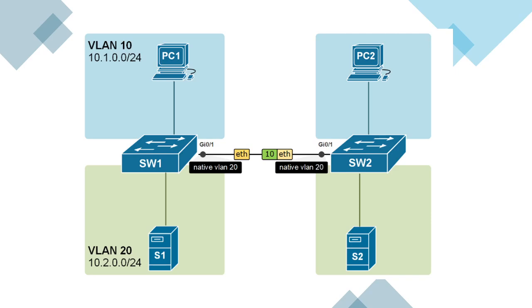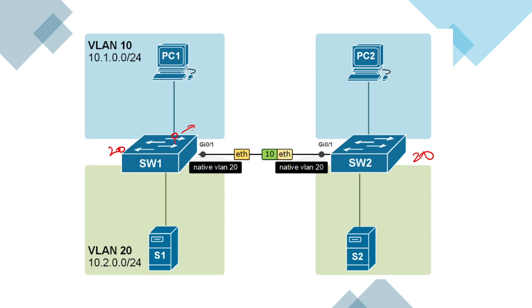So that it's easy for you to understand the native VLAN concept, here I have VLAN 10 and VLAN 20. My native VLAN here is 20, and here also I configured the native VLAN ID as 20. When PC1 sends traffic to PC2 between the switches, when the traffic hits the switch, it will check which VLAN ID it belongs to.